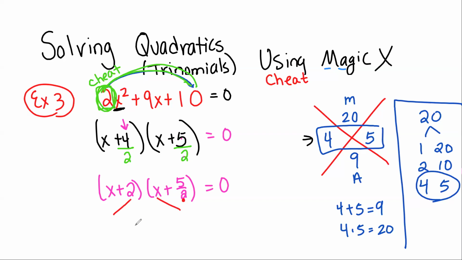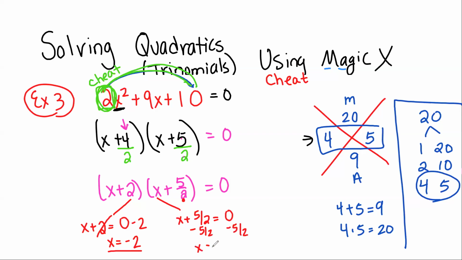Set both of these equal to 0. So x plus 2 equals 0, minus 2, and x is negative 2. X plus 5 halves equals 0, minus 5 halves, and x is negative 5 halves. Answers.